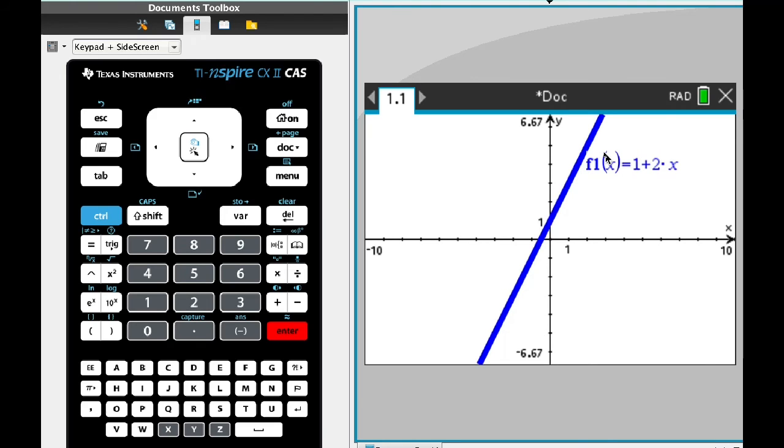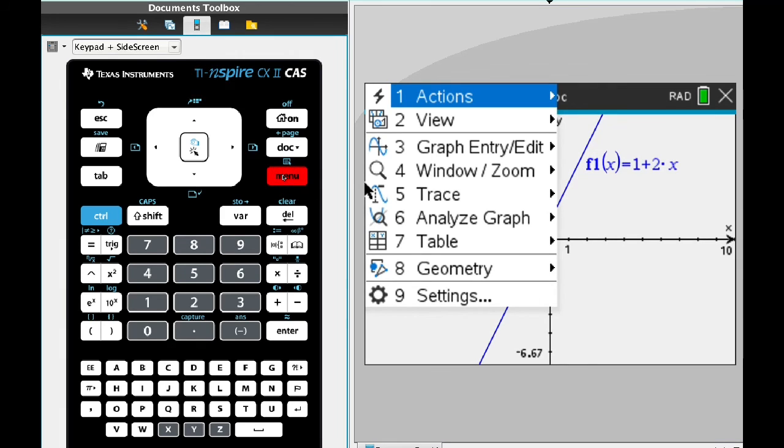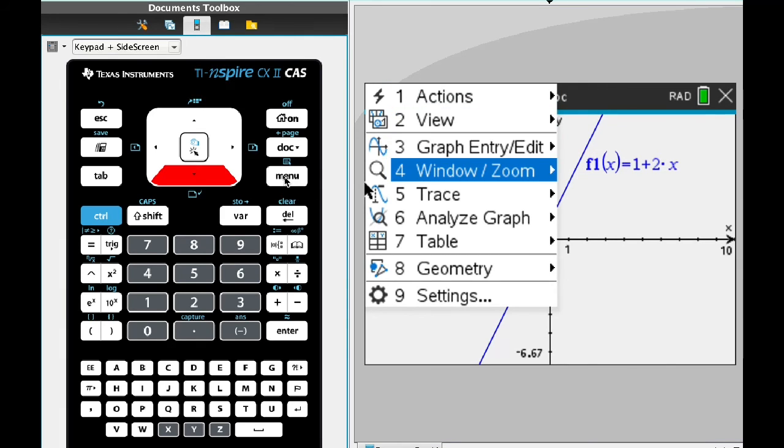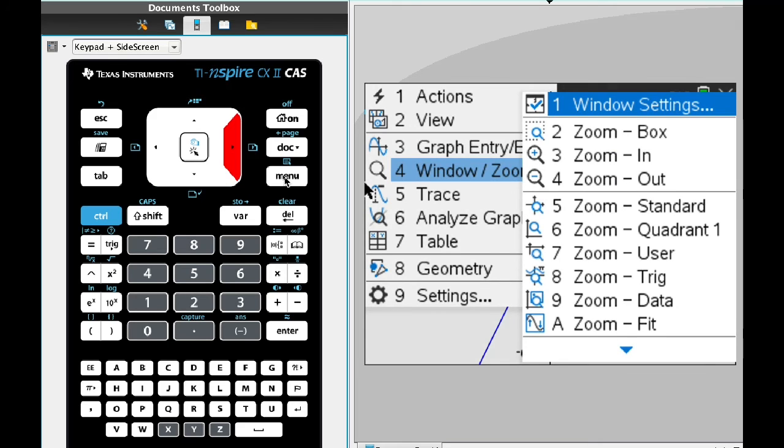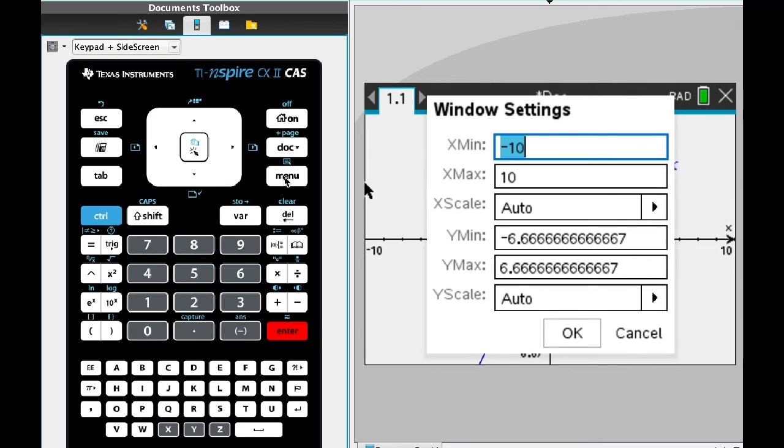Now if I want to change the viewing window, I go to Menu, from Menu, Window, Window Settings. I'm going to change my y values to be minus 10 to positive 10. The other thing you'll notice is X scale and Y scale says auto.